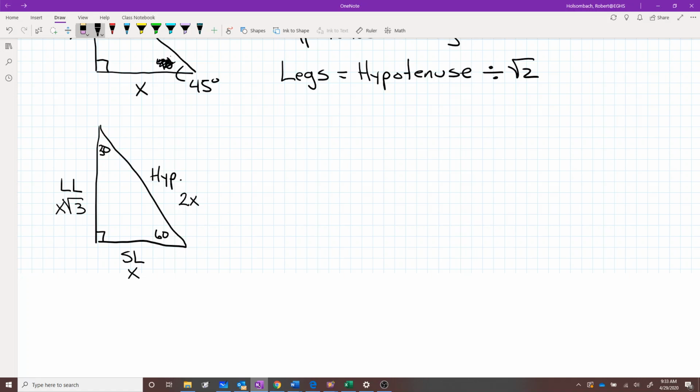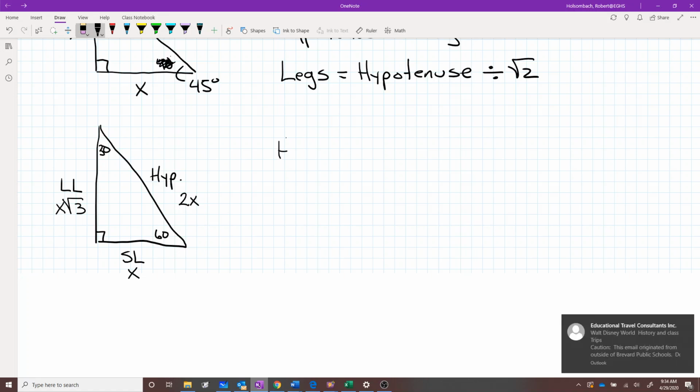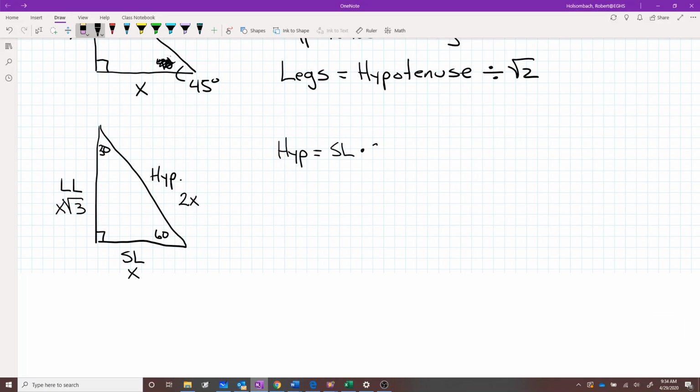So in a 30, 60, 90, the hypotenuse is equal to the short leg times 2. The short leg is equal to the hypotenuse divided by 2. The long leg is equal to the short leg times the square root of 3.